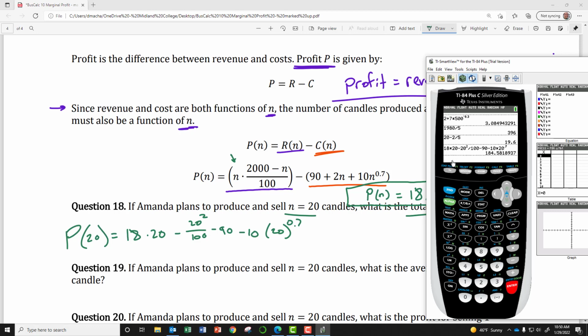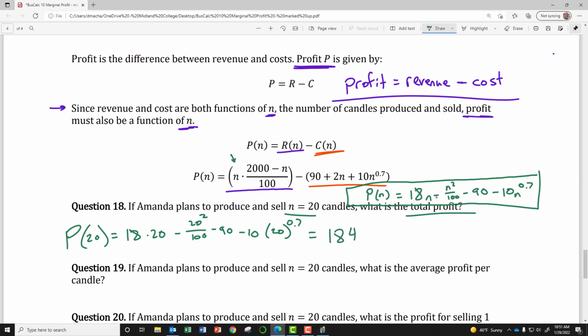So my calculator tells me that my total profit is going to be $184.58. For selling 20 candles, my profit is $184.58.